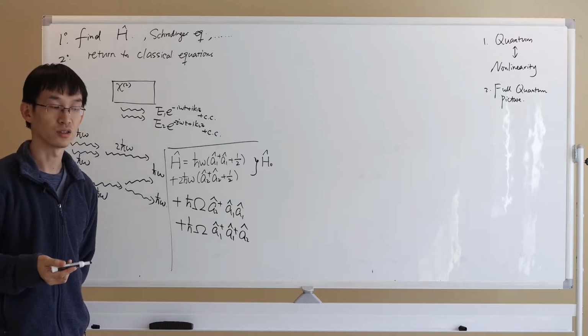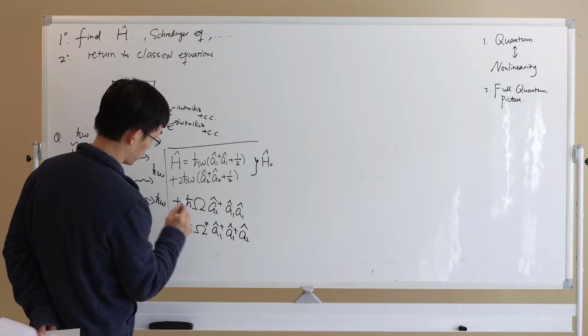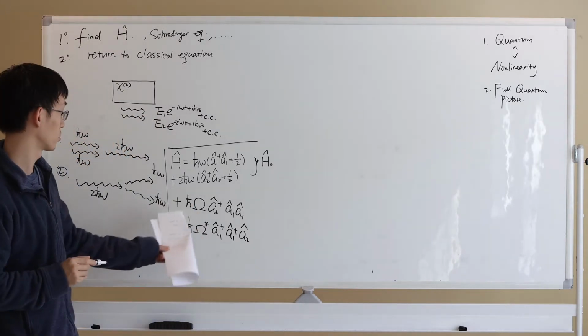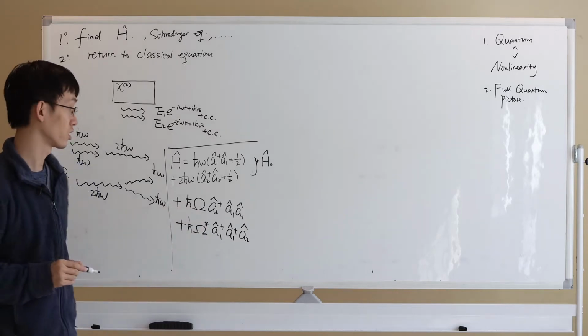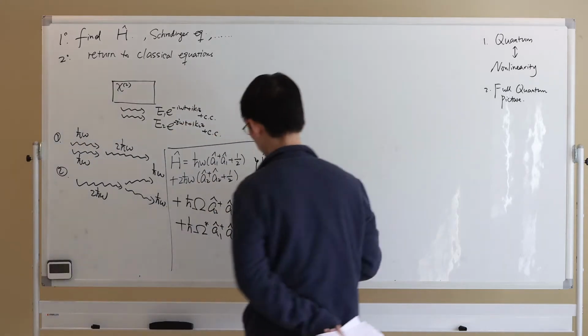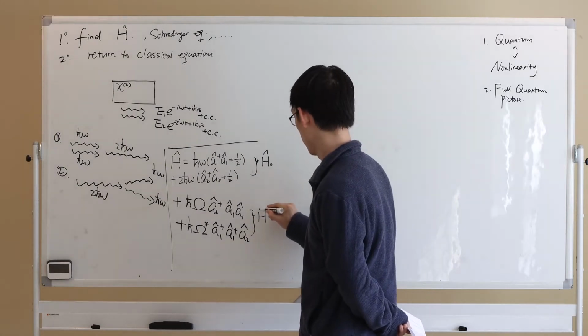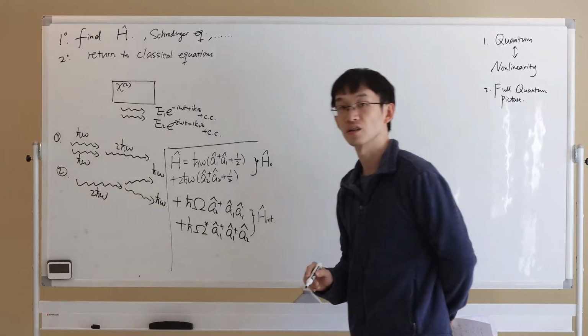It's just the energy of the system. So you need to keep your Hamiltonian a Hermitian operator. So we have omega, then you have to have omega conjugate. And this is what we call the interaction Hamiltonian.